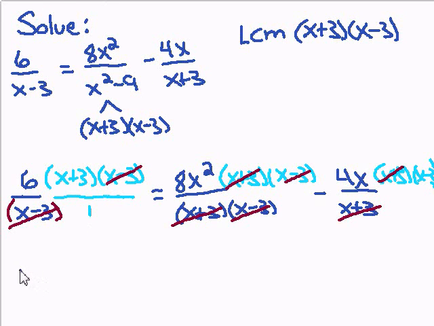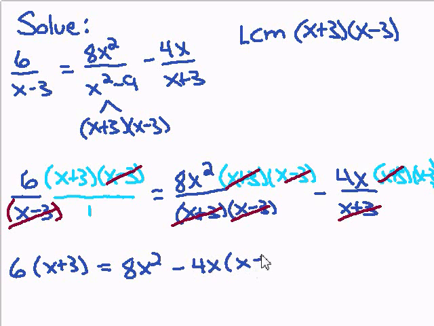We're going to rewrite our equation. 6 times x plus 3 equals 8x squared minus 4x times x minus 3. We're going to simplify this expression, giving us 6x plus 18 equals 8x squared.